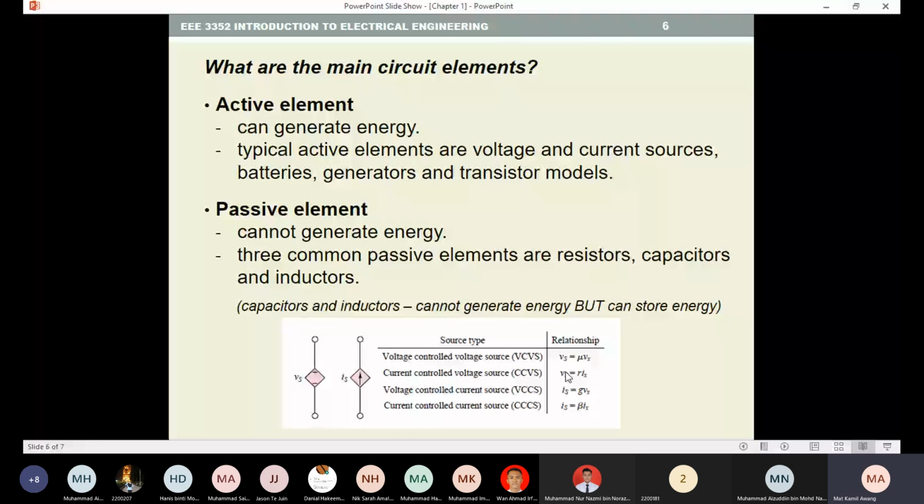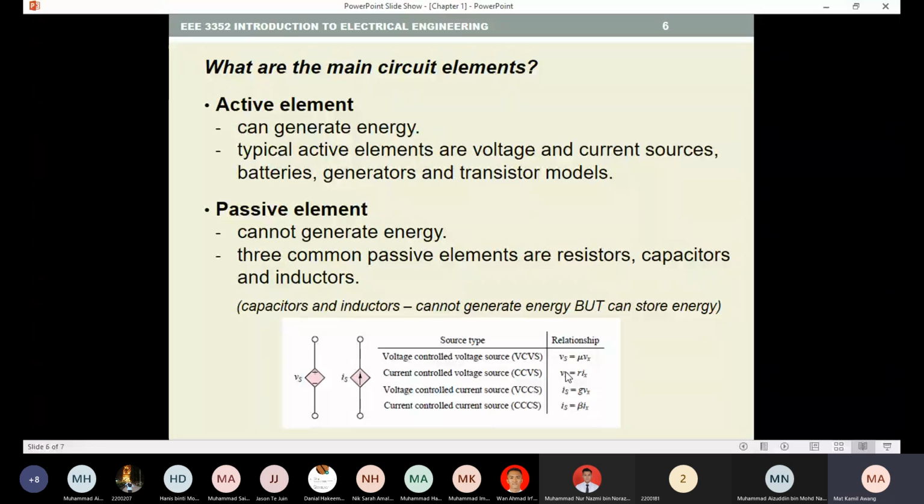So the symbols. Okay, capacitors and inductors are basically passive elements which can store energy. There is a difference between capacitor and inductor and resistor. The resistor is not able to store energy, but capacitor and inductor store energy. They have that capability.